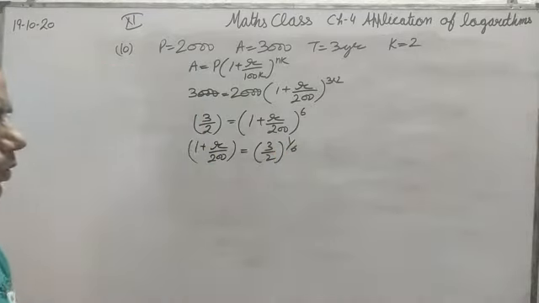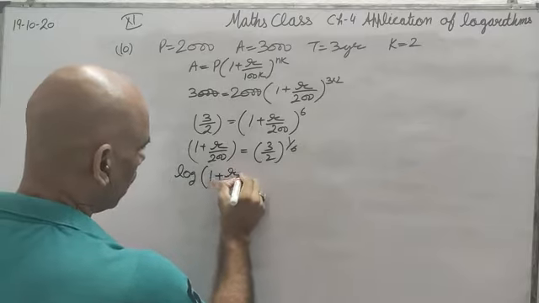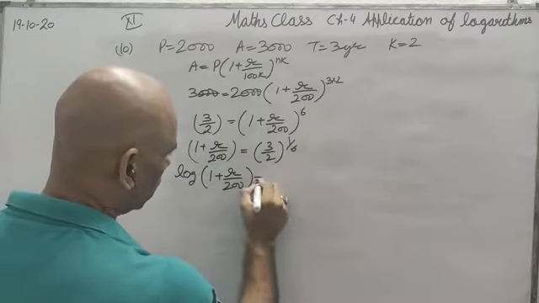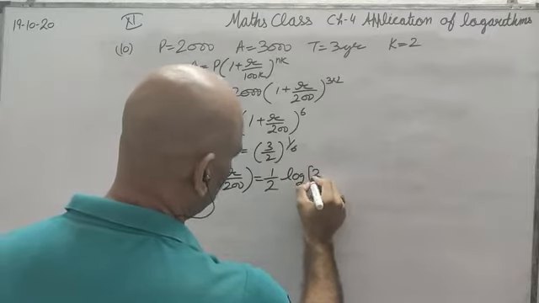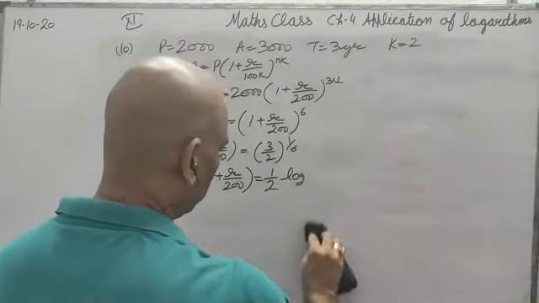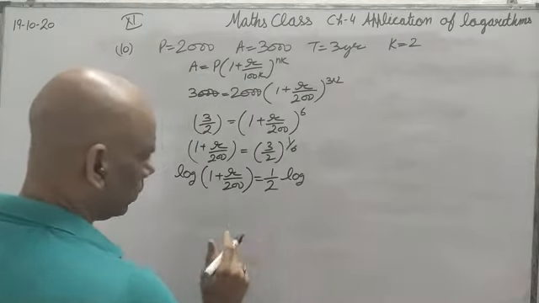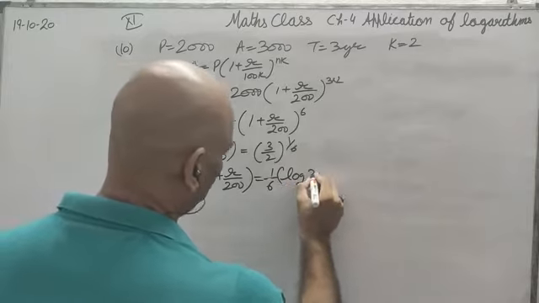Now how will this be solved? By taking log. Here log will help me out. Log(1 + R/200) equals 1/6 (log 3 minus log 2). I will have to write it on both sides. What is the value of log 3?